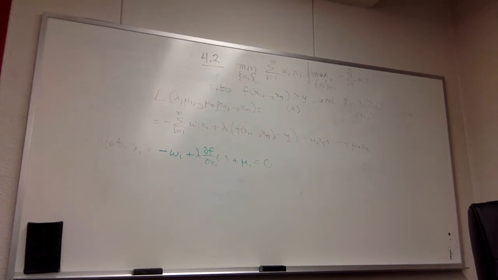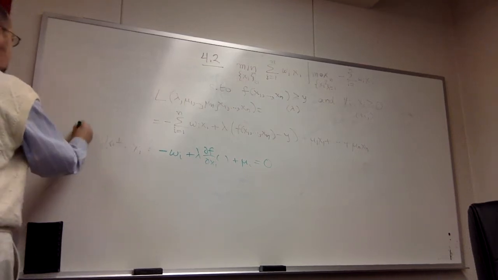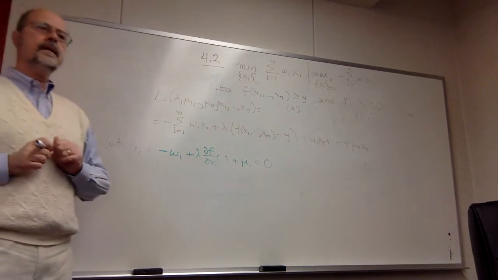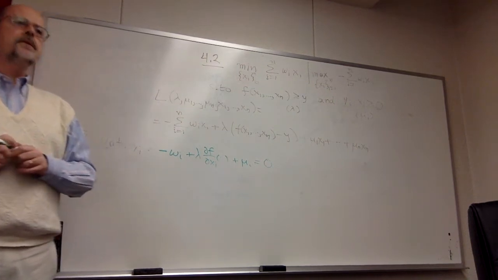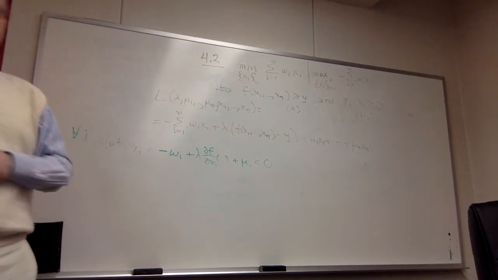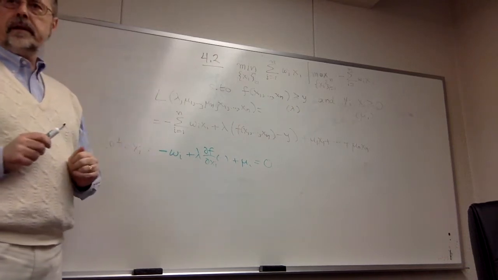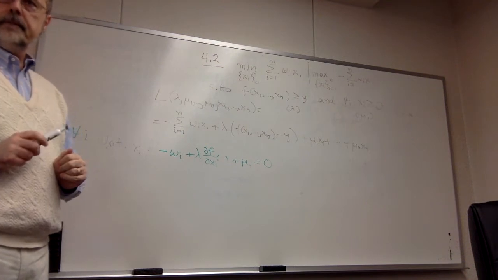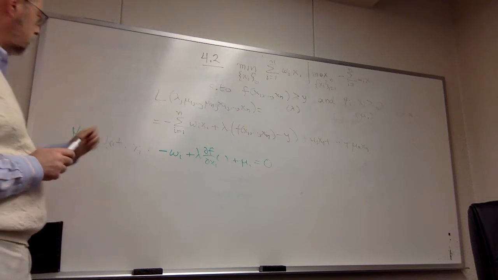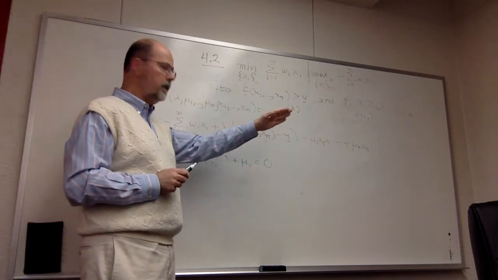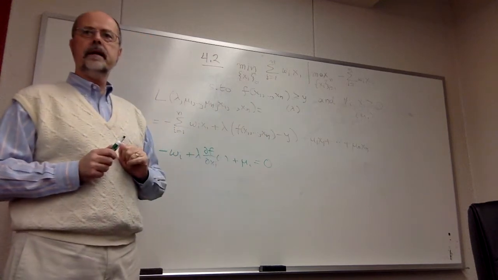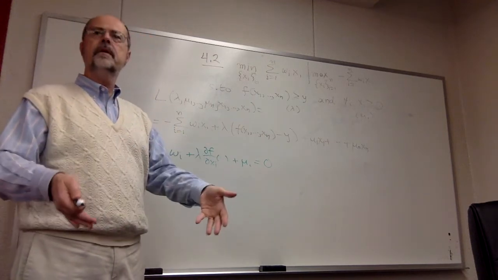This will be true for all i, right? So for all i, you will have a condition just like that. But it's not the only thing. You need to also repeat the constraints. And your multipliers, the lambda and all the mu's, have to be non-negative. It's part of the theorem.